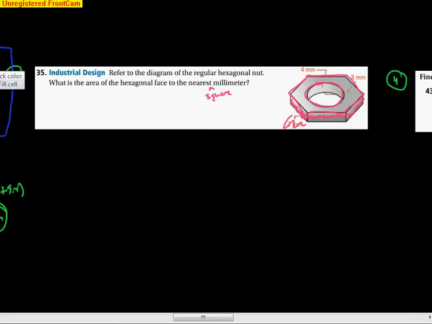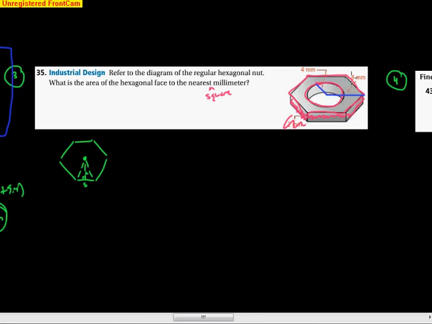Okay? Alright, so let's go with the area of the hexagon first. Here it is. To find the area of this hexagon, we're going to draw the center, radii, apothem, side length. Now, in this picture, it's hard to see, they have it taken out for some reason, but this is 8, and that's 4.